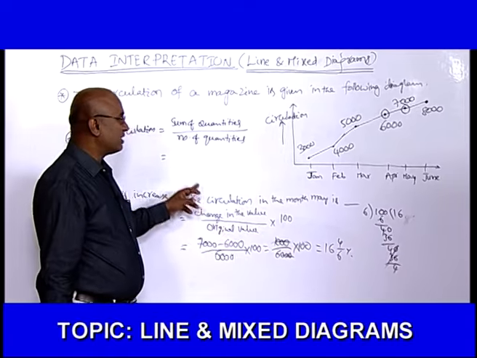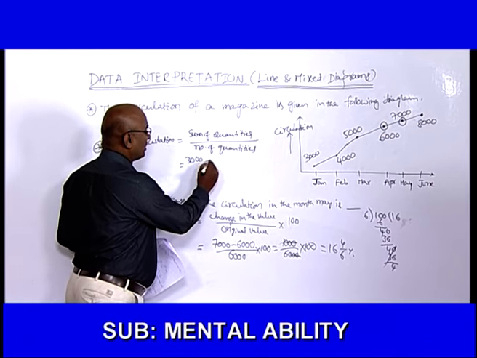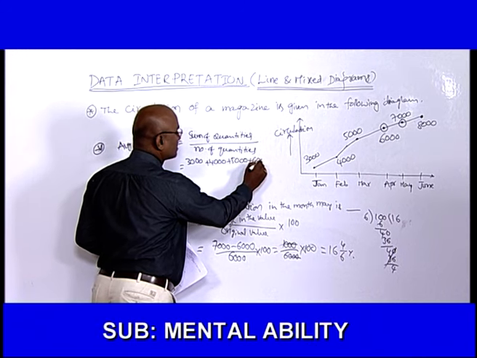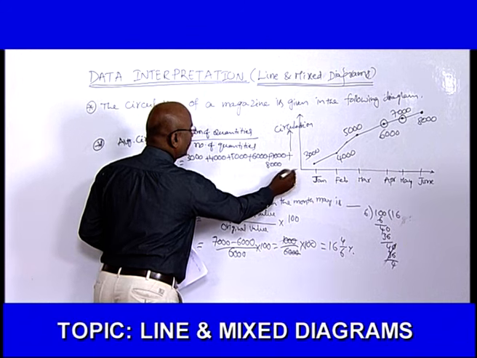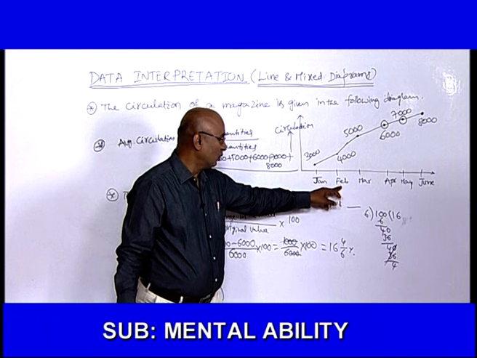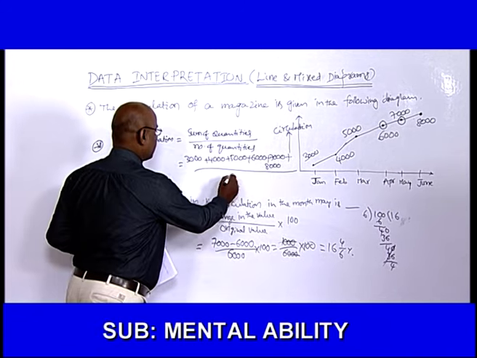So what are the circulations? 3000 plus 4000 plus 5000 plus 6000 plus 7000 plus 8000 by number of quantities. How many? 1, 2, 3, 4, 5, 6. So that is equal to 6.